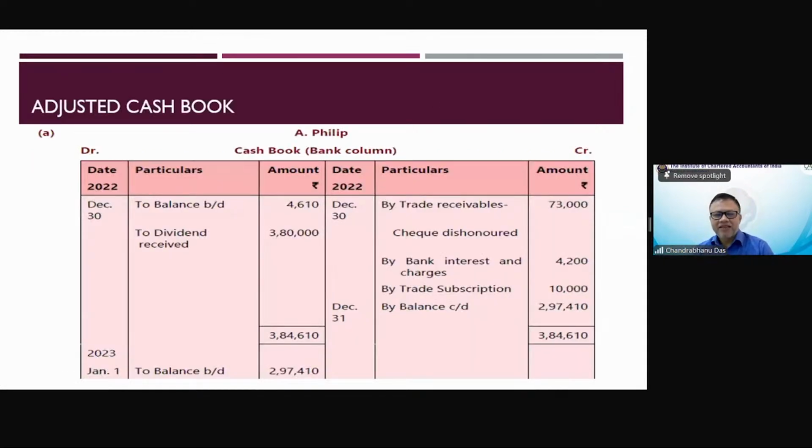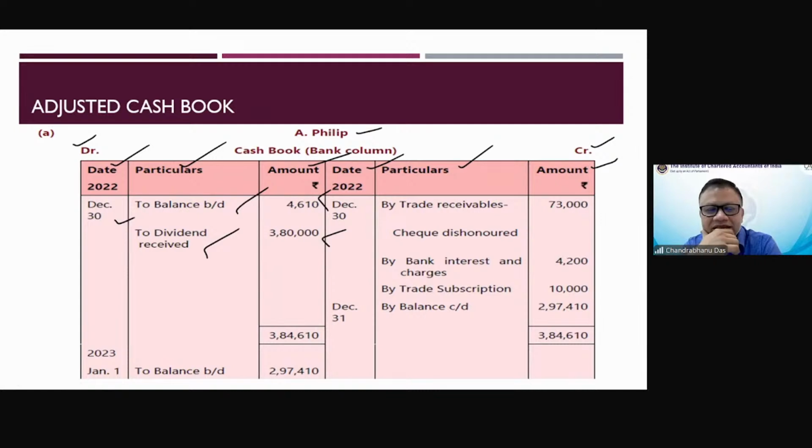Now we are preparing the adjusted cash book. We have debit, credit, date and particulars. Balance brought down is 4610. And the dividend received, we brought on the debit side, 3,80,000.